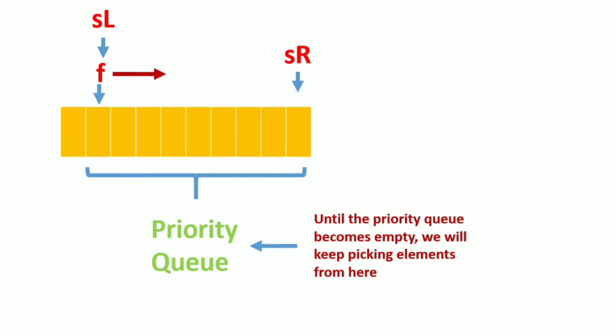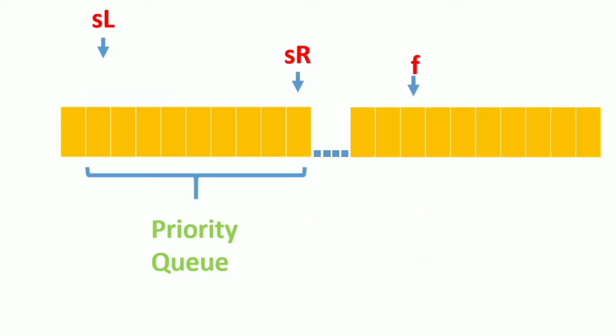This will be continued until the priority queue becomes empty. Once the priority queue becomes empty, we can keep printing the elements using the variable f like we did previously. Now, after appending a few more elements and executing a few more second type of queries, what if the third type of query appears again?